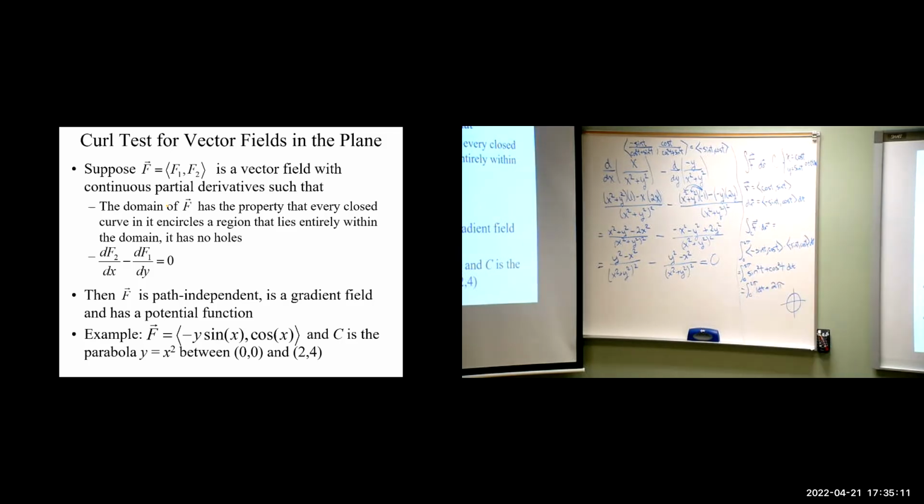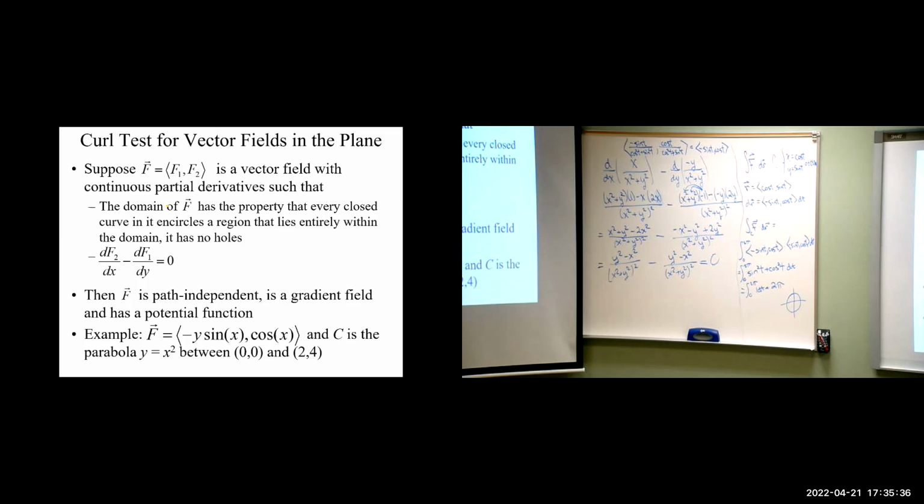I always like to do this example because it makes it very obvious where the issue is. It doesn't happen often, and we're not going to see a whole lot of vector fields with singularities or points of discontinuity. But I want you to be aware of it, that this is the case where it's not included in our theorem, right?